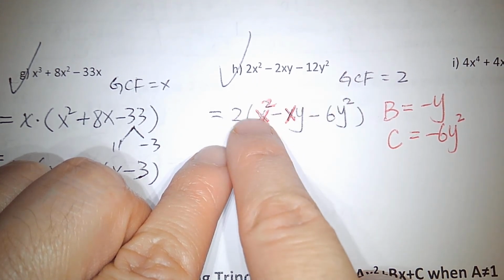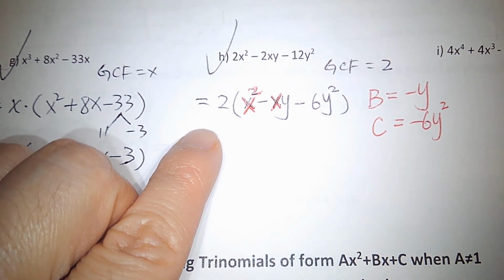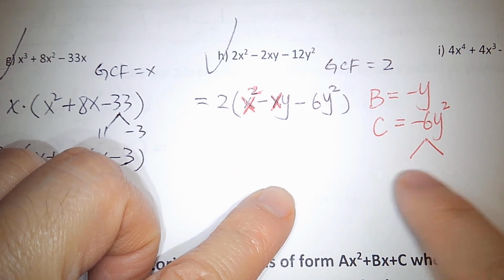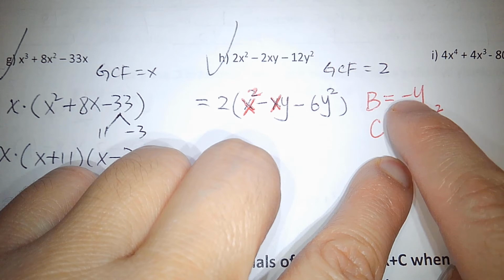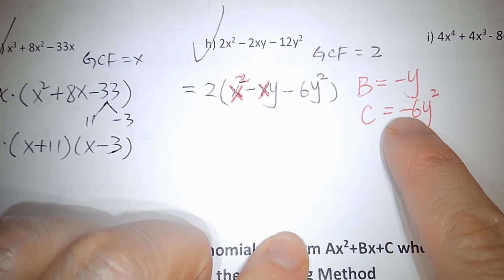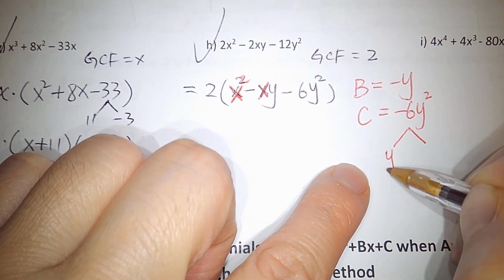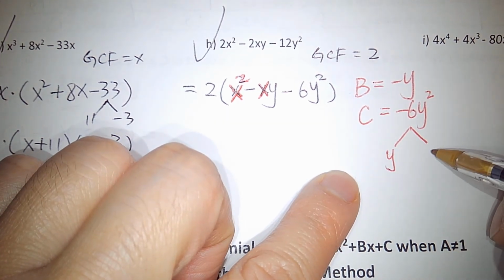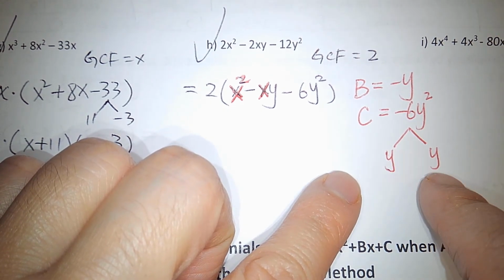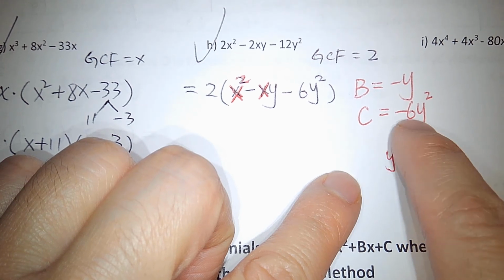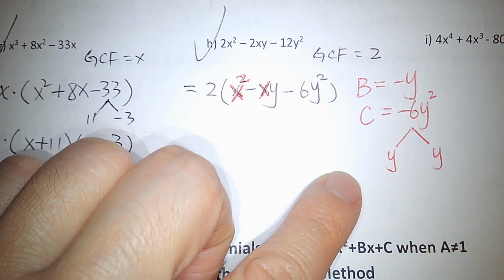So in order to factor this trinomial, what should we do? We still factor C as a product of two factors, such that the sum of these two factors equals negative y. So how can we factor negative 6y squared? Something times y times something times y, because y squared can be factored as y times y. How can we factor negative 6 such that the sum of the two numbers equals negative 1?